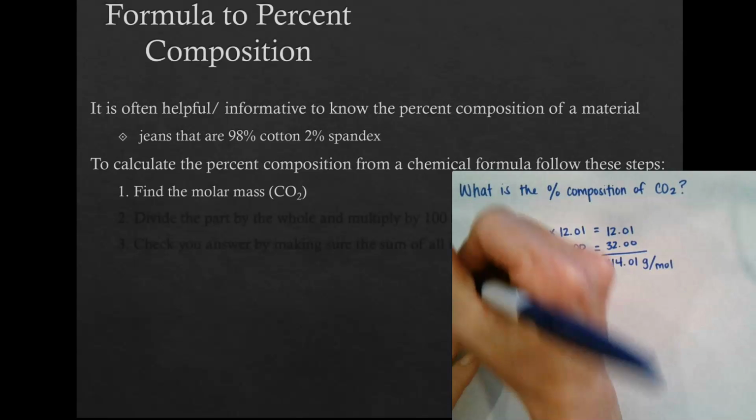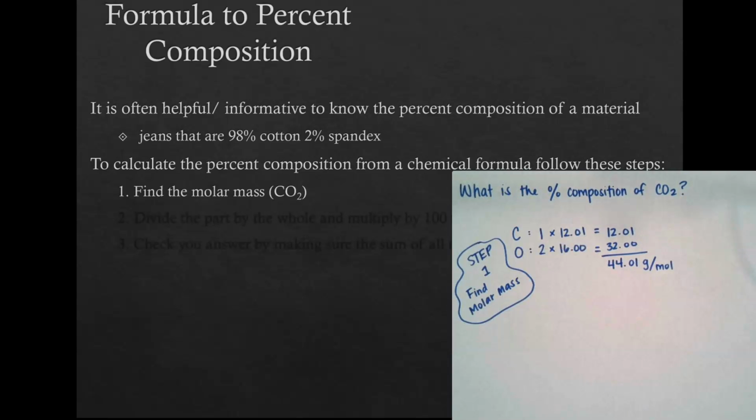That's done. The next thing we need to do is find out if the whole mass is 44.01, what part of the mass was contributed by 12.01? So this is similar to figuring out how you did on a test. Let's say that you got 13 right and there were 20 possible.